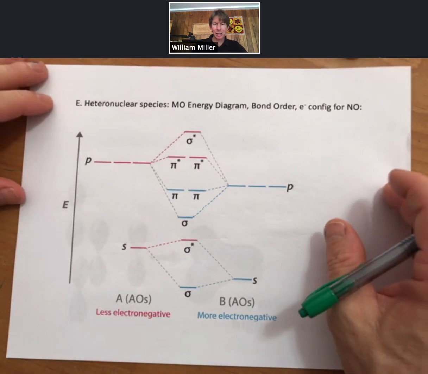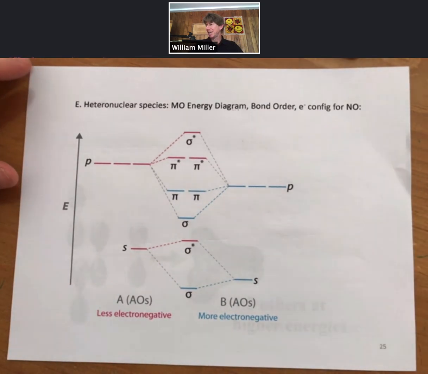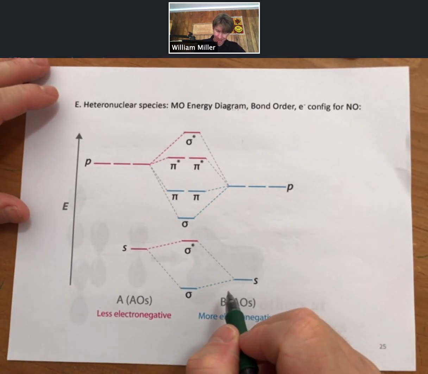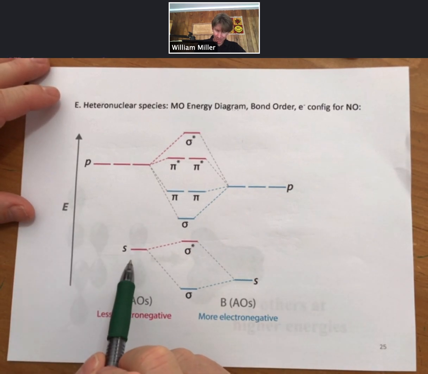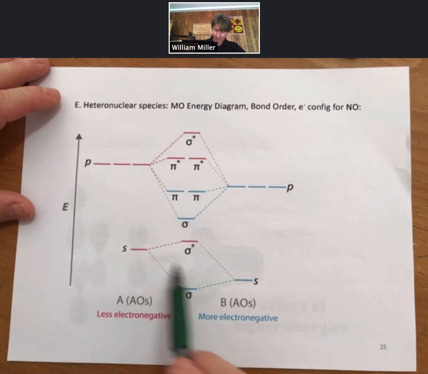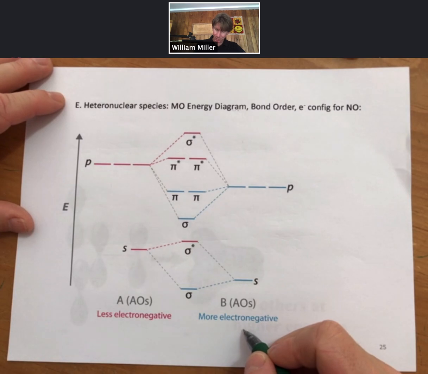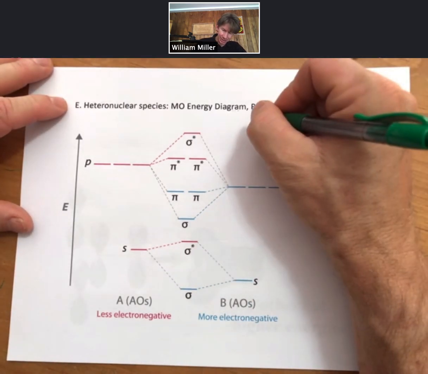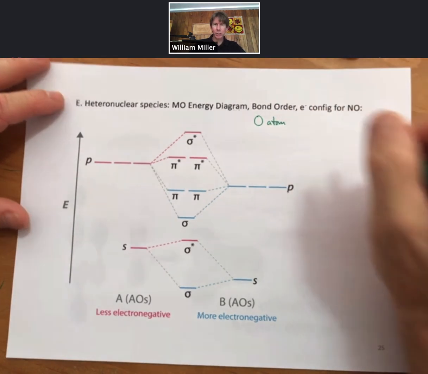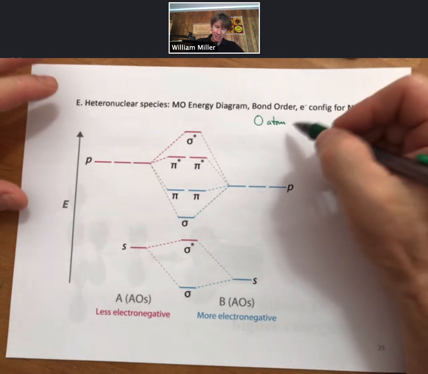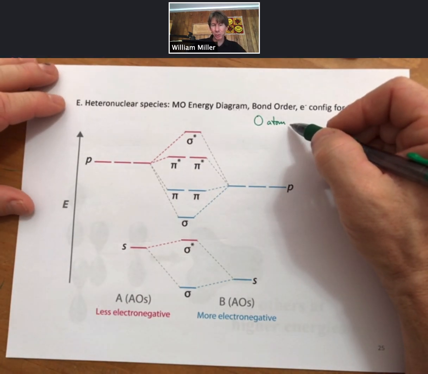One last thing. We said you could have 2 atoms, but the atoms have always been the same up until this point. Now we'll make them different atoms. This is going to be for nitrogen monoxide. And for this, you can see that the s's and the p's are different levels. So whichever atom is more electronegative, that's going to be oxygen, will be lower in energy. And another way of thinking about that is that the atom that's more electronegative is also going to be smaller.